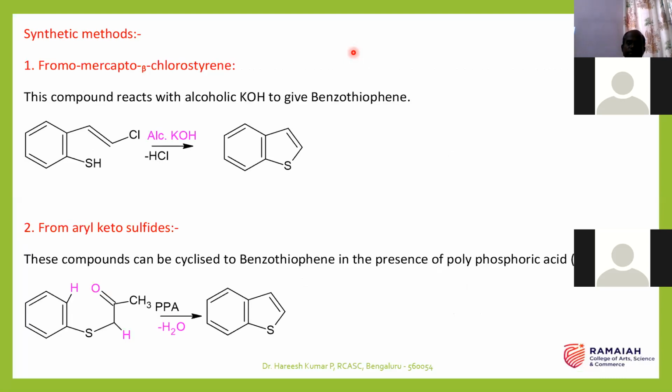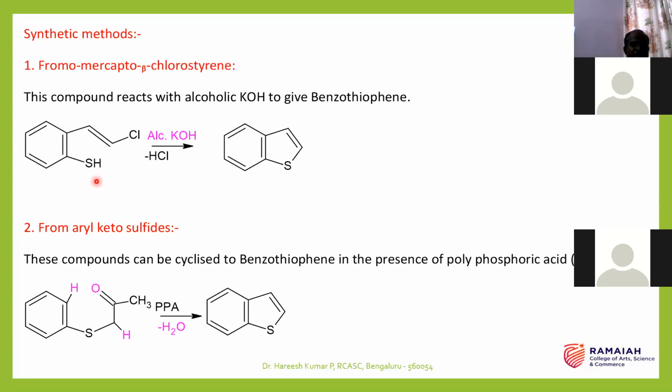The next slide is about the synthetic methods of preparation of benzothiophene. Look at this group: this double bond with Cl is called the vinyl chloride group, and this SH group is called mercaptan.